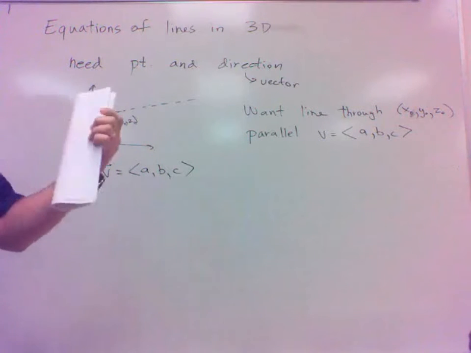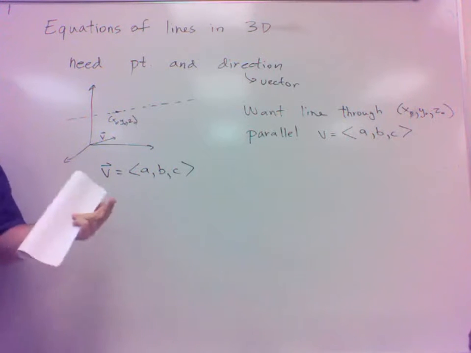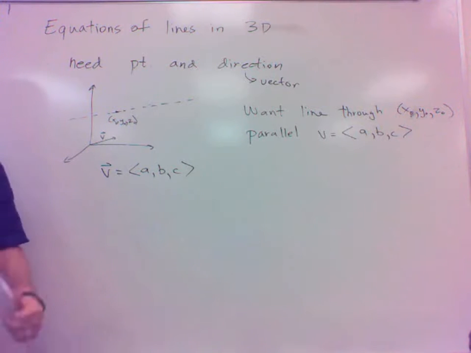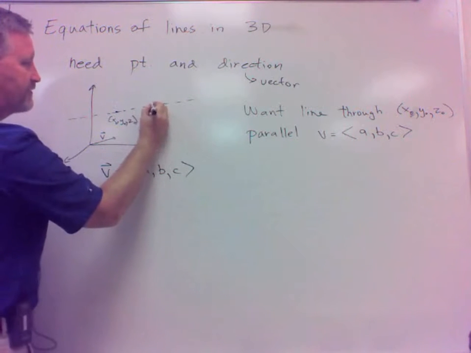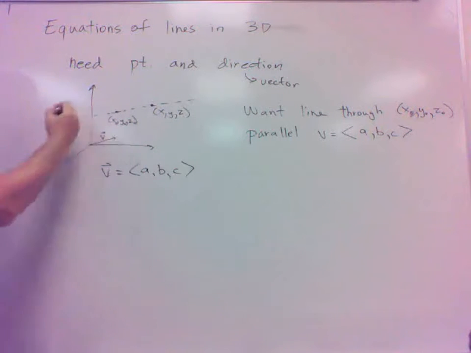We get the x, y equation, so we can get all the x and y points on that line. Well, it's the same thing in 3 dimensions. We're going to define the equation of the line using the values of x, y, and z for each point. So we're going to come up with some way to get every x, y, and z point on that line. Okay? So here's how we do that.